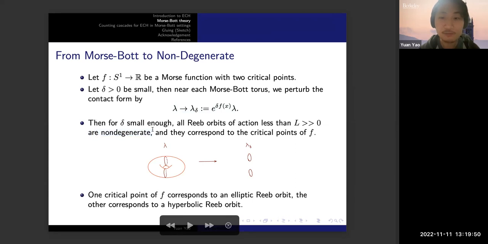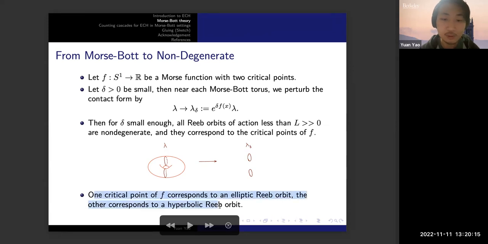For delta small enough, all Reeb orbits of action less than L are non-degenerate, and they correspond to the critical points of f. Here on the left, you have some Morse-Bott tori, and these 2 orbits correspond to the critical points of f. After you perturb, these are the only Reeb orbits that remain, up to a very large action anyway.